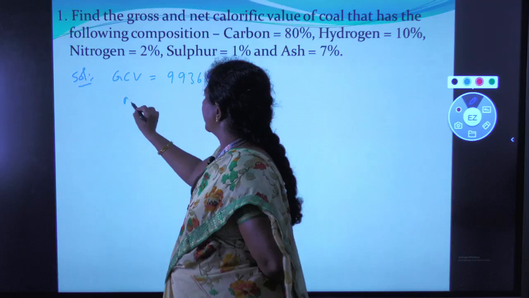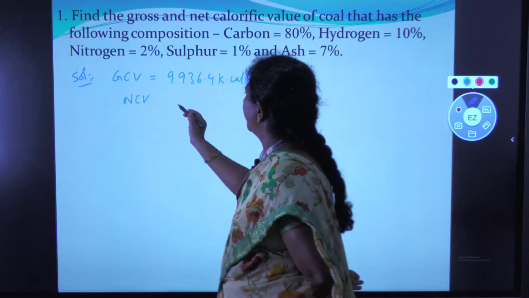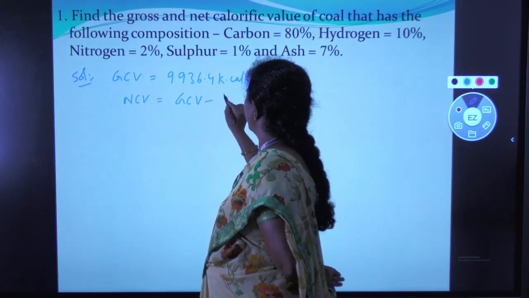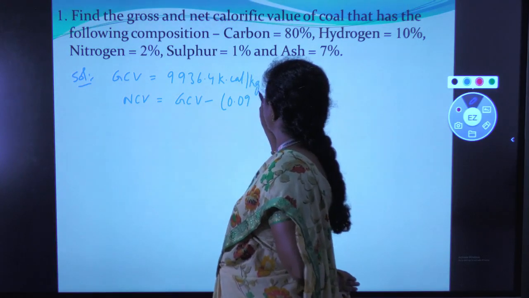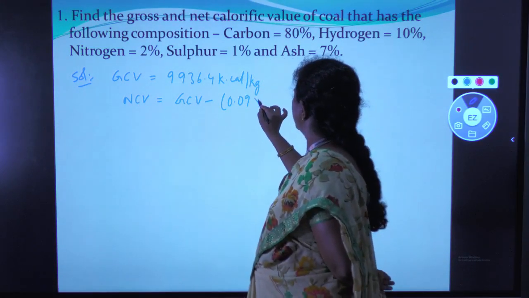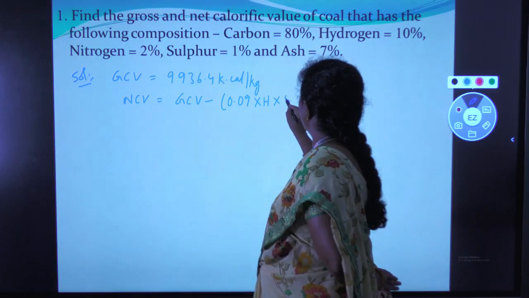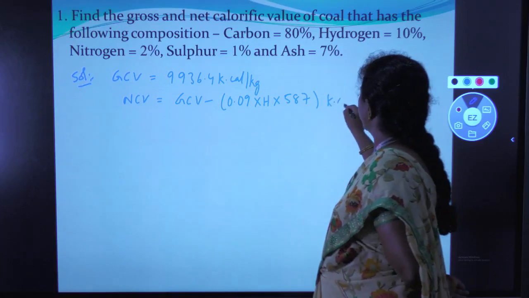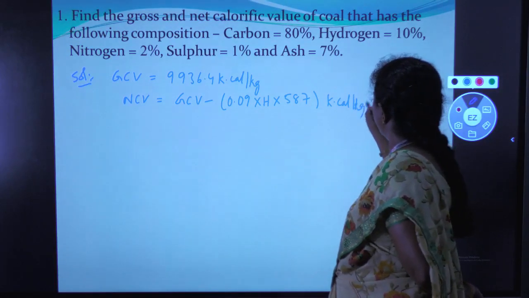From this we can calculate NCV. NCV is equal to GCV minus 0.09 into hydrogen into 587 kilocalorie per kilogram.